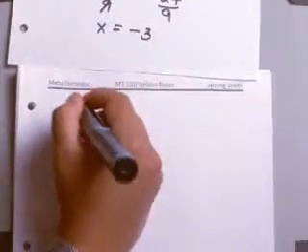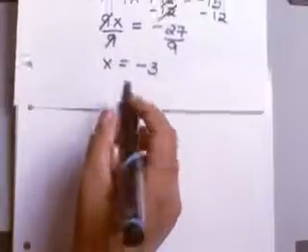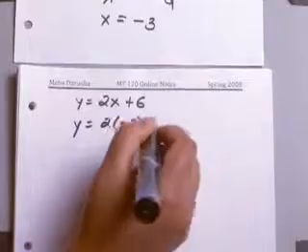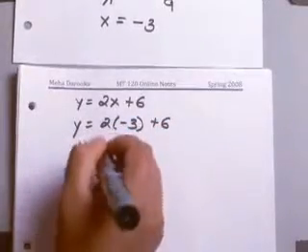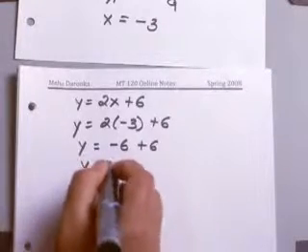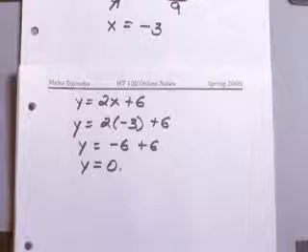So you have y equals 2x plus 6. We said x was -3. So let's see what answer we come up with. And you end up with y equal 0.